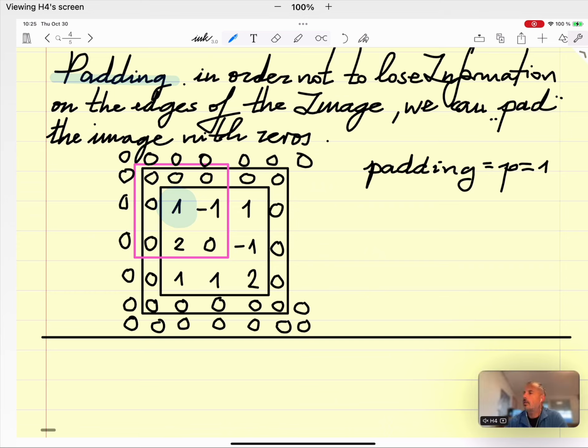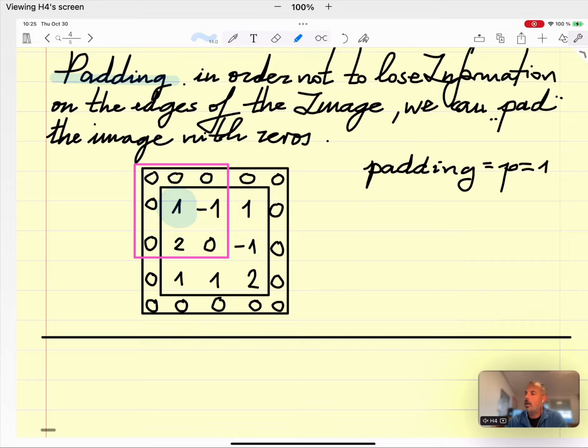And so on, it just depends. Just adding zeros does not add information, so you can do it. The goal is that when you do the convolution with a kernel, for instance, you don't lose the edges. That one doesn't get lost anymore. So this is padding 1.